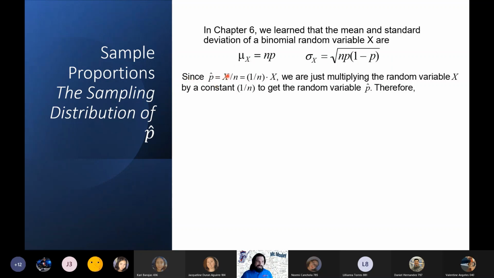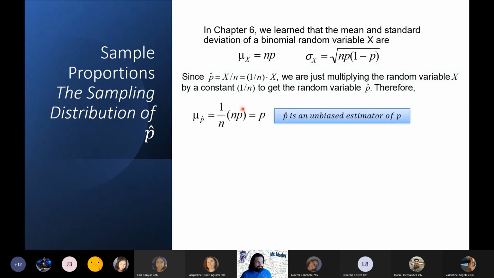Since p hat equals x divided by n, which equals 1 over n times x, we are just multiplying the random variable x by a constant 1 over n to get p hat. It's a linear transformation. Therefore, the mean of p hat equals 1 over n times np, which equals p. So p hat is an unbiased estimator of p.